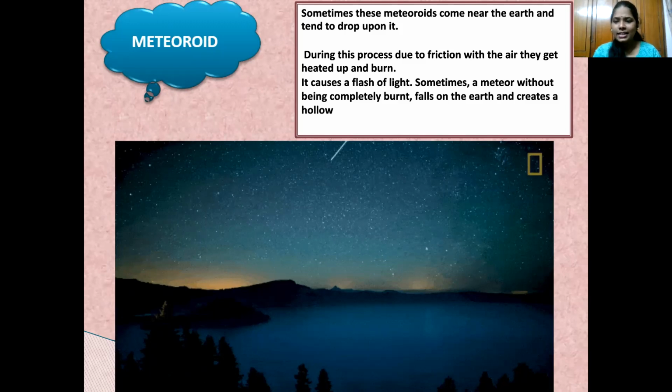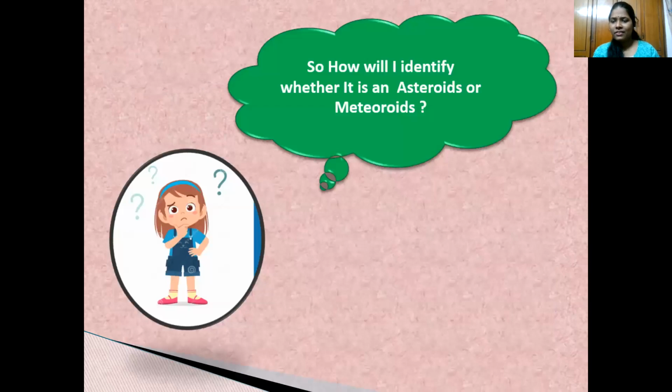So what I have studied is that asteroid and meteoroid sound similar, and the meaning is also similar: tiny rock particles revolving around the sun. So what is the difference between these two, the asteroid and meteoroid?